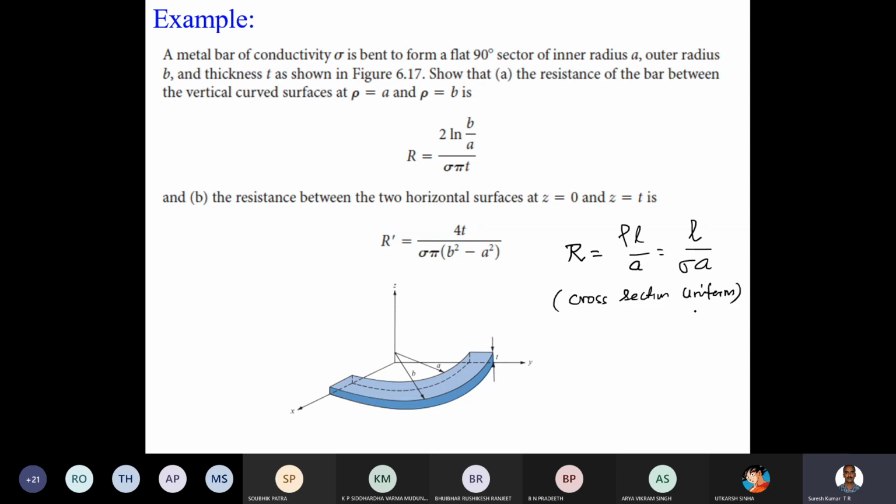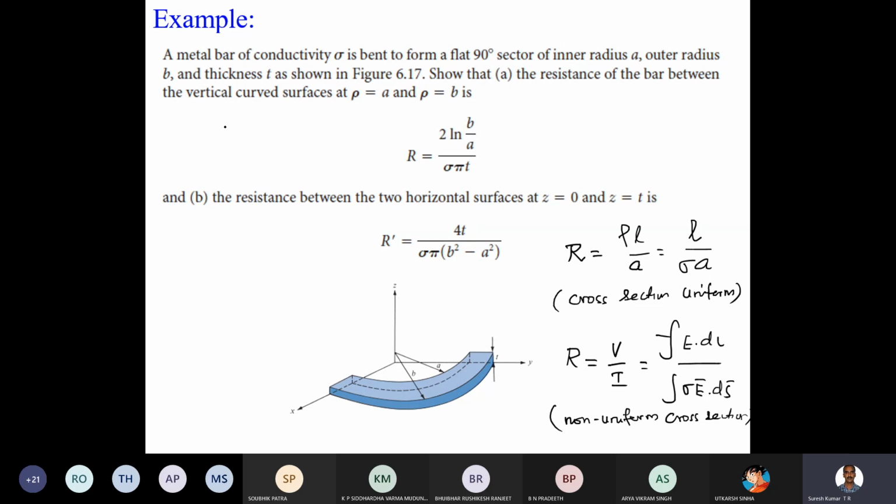If the cross section of the conductor is not uniform, then you need to use this formula: R equal to V upon I, V equal to negative integral of E dot dl, and I equal to integral of J dot dS, J equal to sigma E dot dS. This is the only way. You have to use this if the cross section is non-uniform. This is the first point to understand.